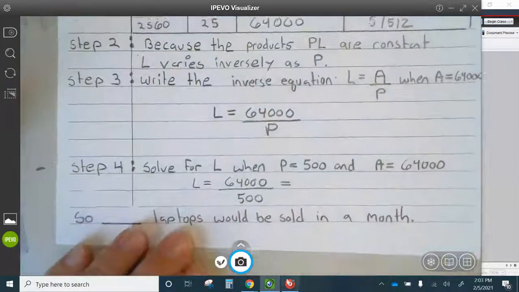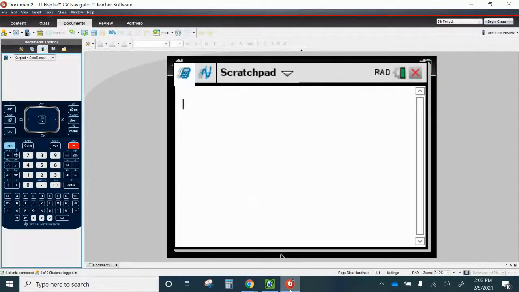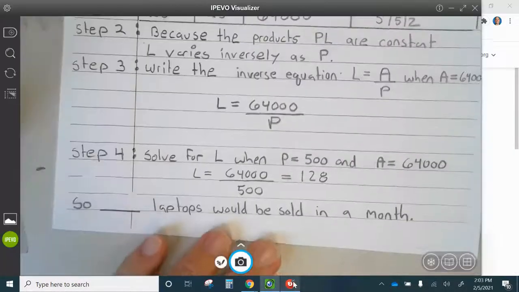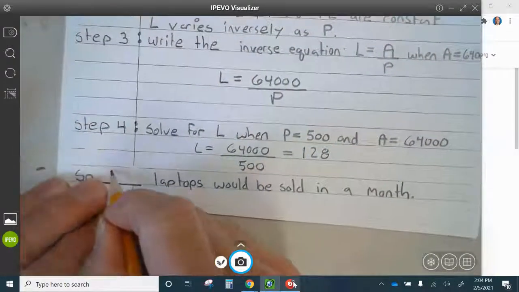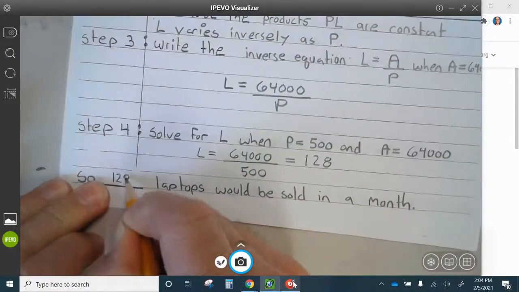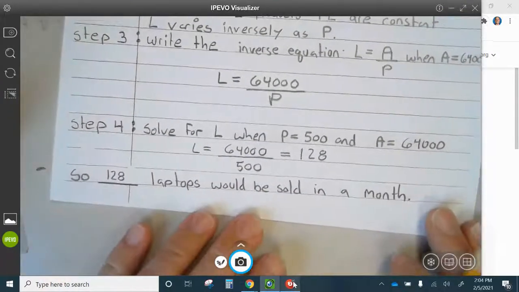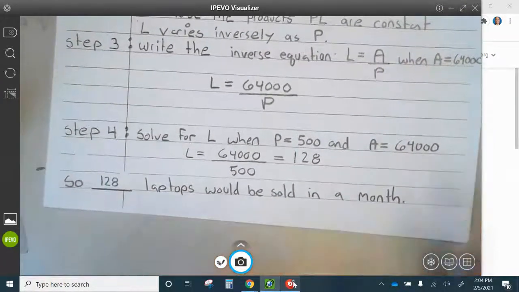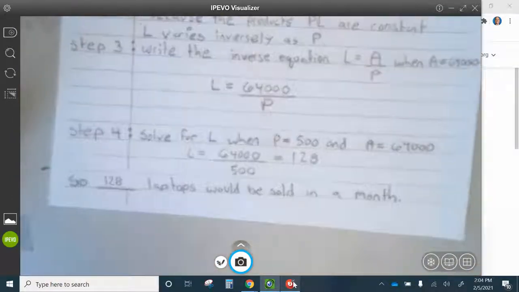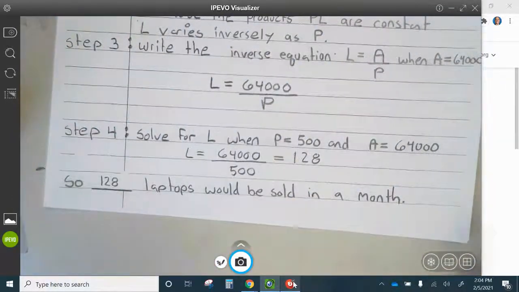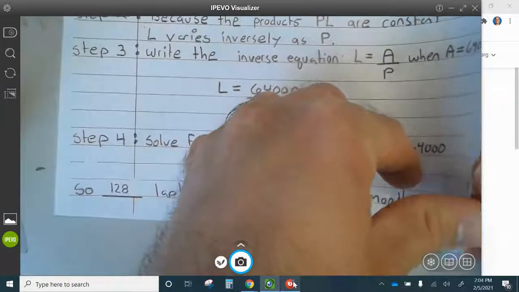So let's use our calculator for that. So 64,000 divided by 500 is 128. Okay, so 128 laptops would be sold in a month. All right, let's look at the next question.